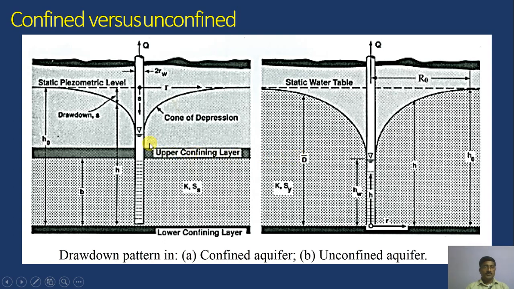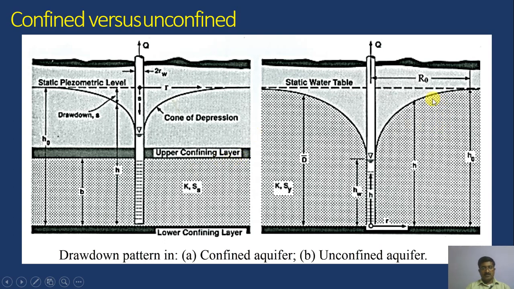Now if you compare the confined aquifer versus the unconfined aquifer, you can see there is a change in the cone of depression, and the water level is raised above the water level present in the confined case.